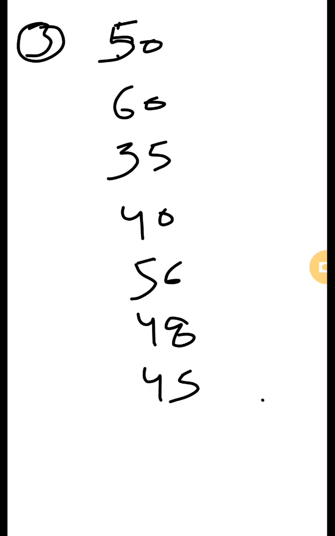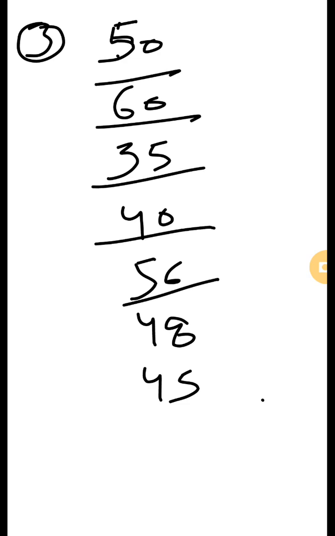So as you can see here, all the numbers are occurring only once. So there is no mode.